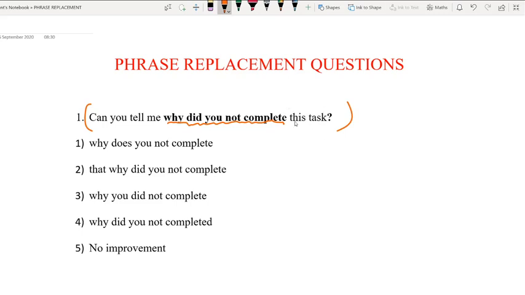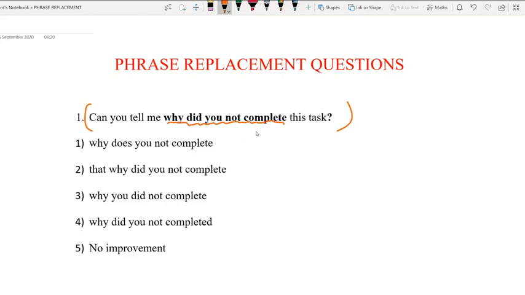But again, I would like to repeat that whenever you come across fill in the blanks questions, phrase replacement questions, you must read the entire sentence thoroughly and you must pay extra attention to those parts of the sentence which are not in bold letters. Those parts will provide you enough clues as to how the sentence needs to be corrected, right?